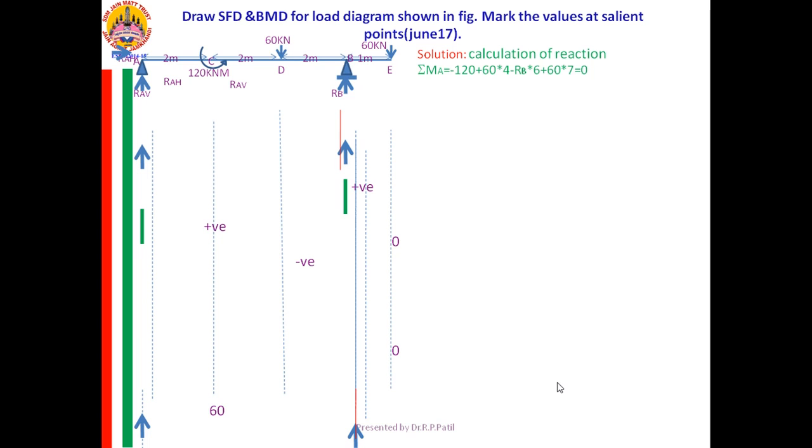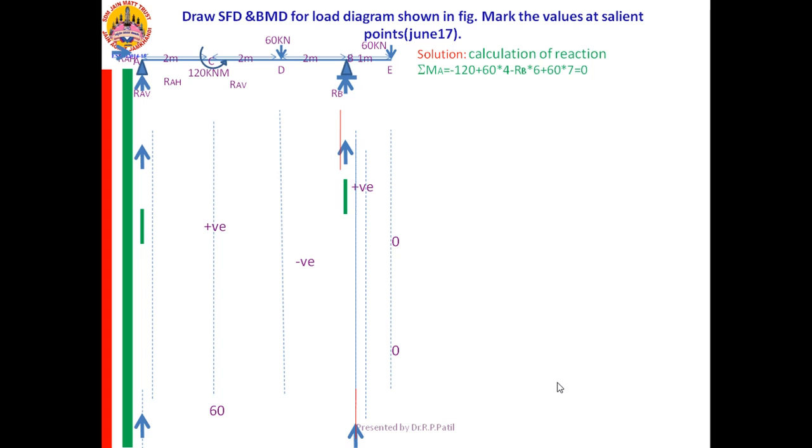It is in the clockwise direction about A, that is why it is 60 into 4 plus. Go for RB. About A, it will act in the anti-clockwise direction. That is why it is negative. RB into 2, 2, 2, totally 6. RB into 6 with negative sign. Go for this last force. 60 into 7 and it is clockwise. You make the total equal to 0.